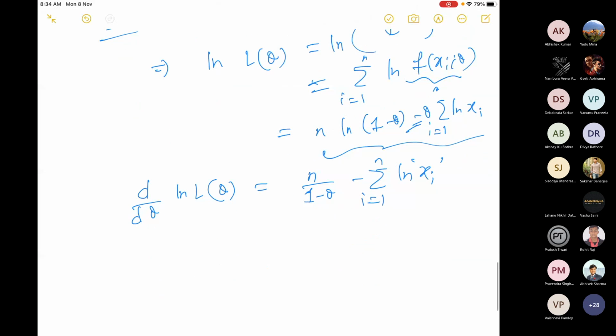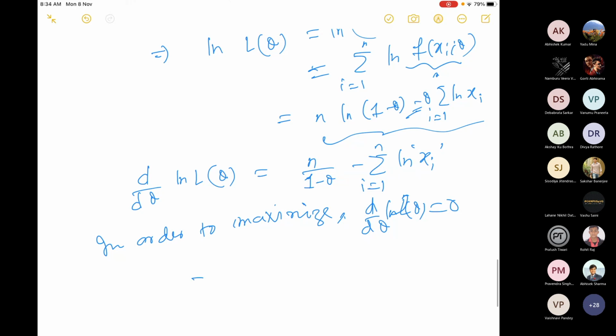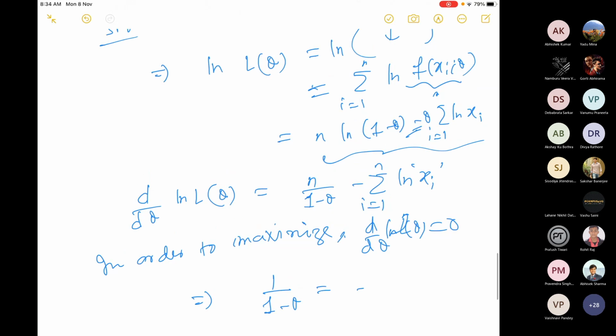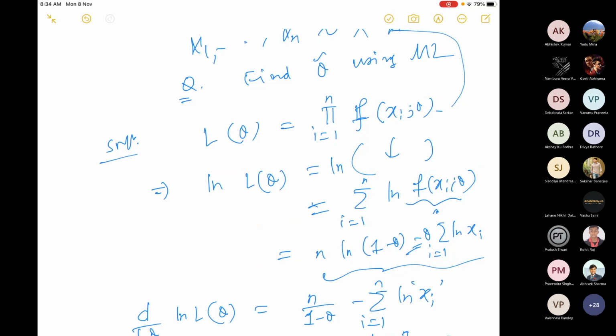Now, in order to maximize this, what you do is put the derivative equal to 0. So d/d theta of this entire term, let's say equal to 0. Sir, differentiation of log(1 - theta) will be minus 1 upon 1 - theta.